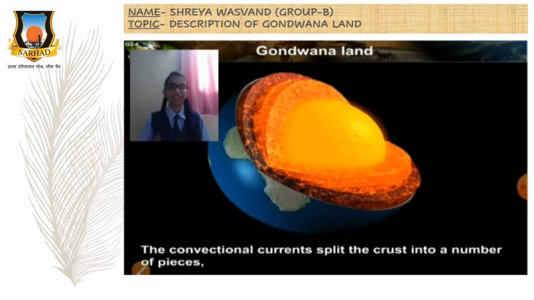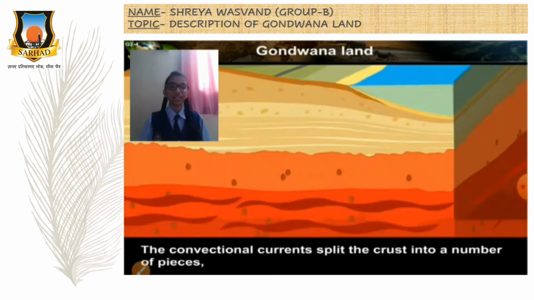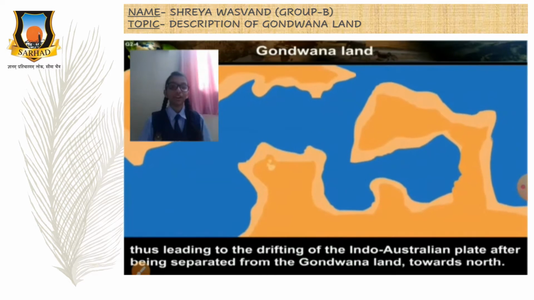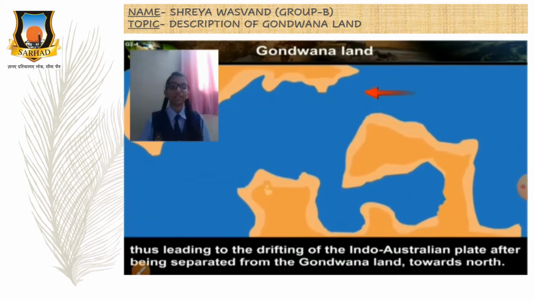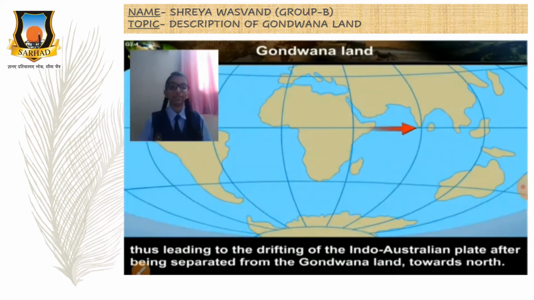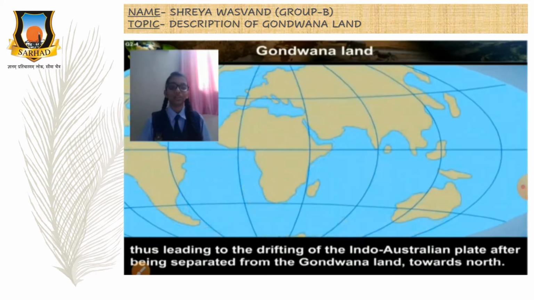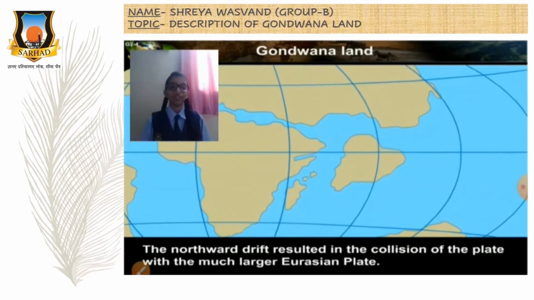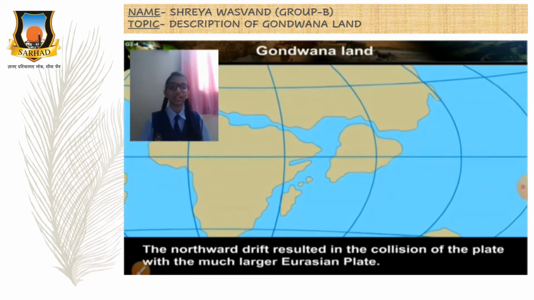The convectional currents split the crust into a number of pieces, thus leading to the drifting of the Indo-Australian plate after being separated from the Gondwana land towards the north. The northward drift resulted in the collision of the plate with the much larger Eurasian plate.